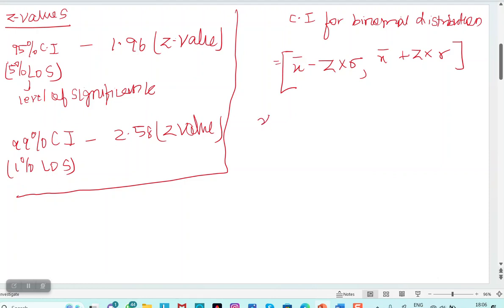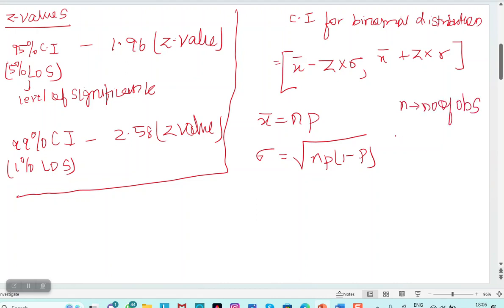Here the formula for x bar is n into p, and sigma is root of n p into 1 minus p, where n is the number of observations and p is the probability of success.